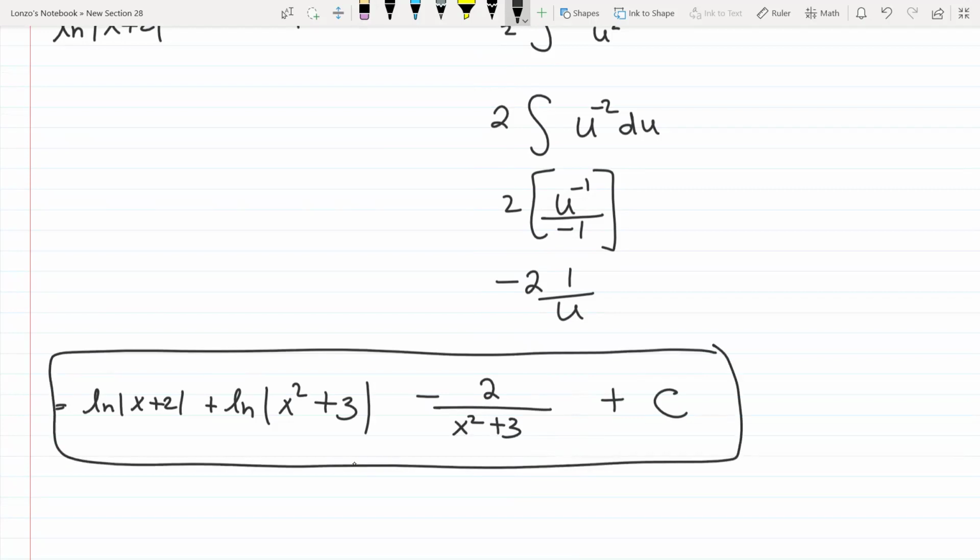Final answer. Okay, that wraps it up for this section.